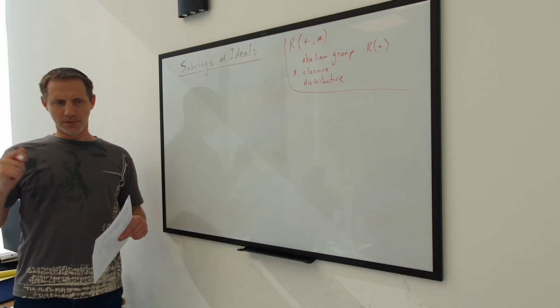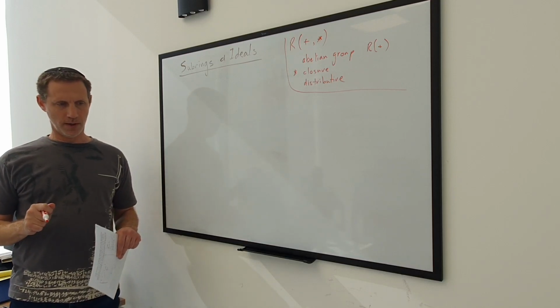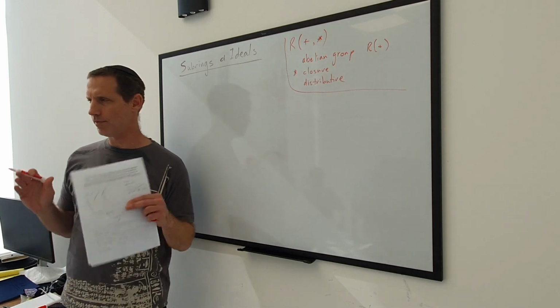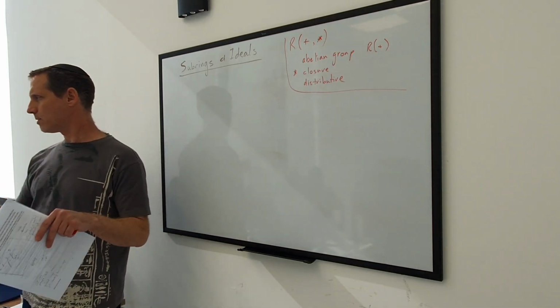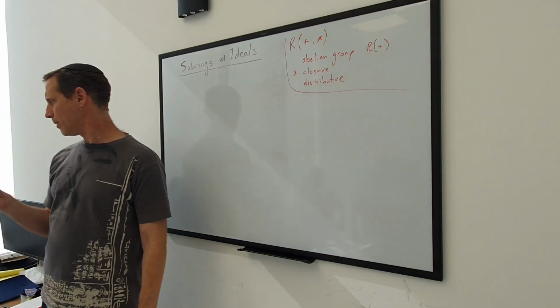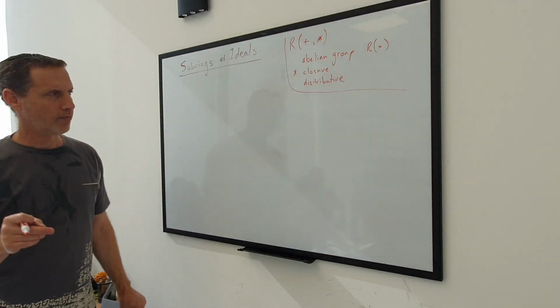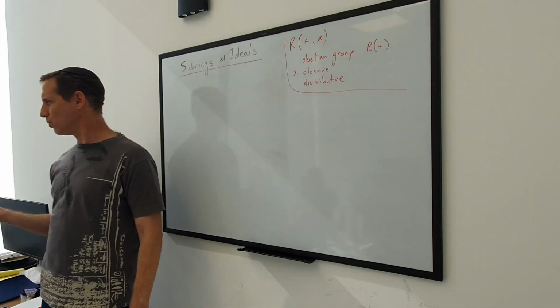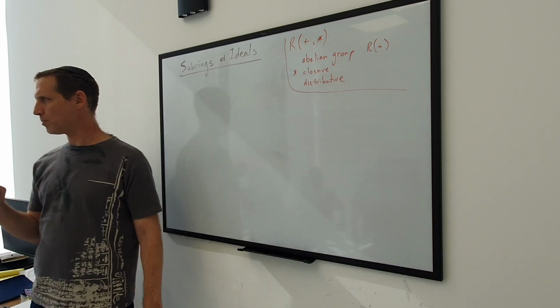So if you remember from subgroups, we needed a set that is a subset of the group with the same operation, and the subgroup needed to be a group under the same operation.